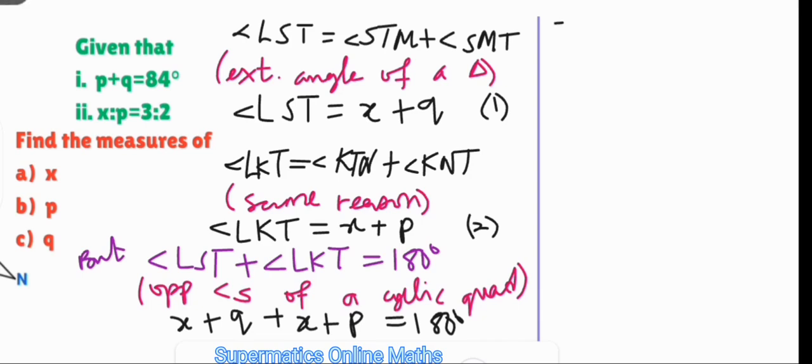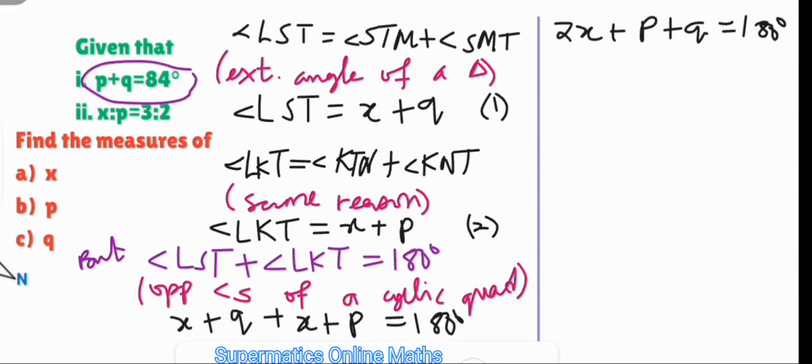Grouping the like terms here, we've got 2X plus P plus Q, and that's equal to 180 degrees. However, from the problem, we have been given that the sum of the angles P and Q is 84. So we're going to plug in 84 for P plus Q, which means that 2X plus 84 is 180 degrees.